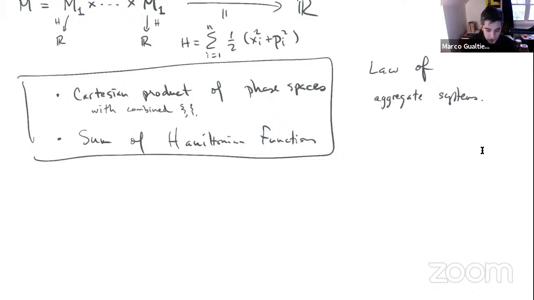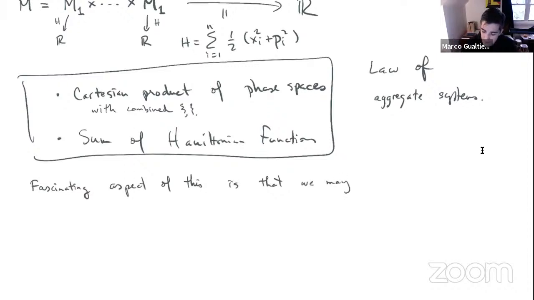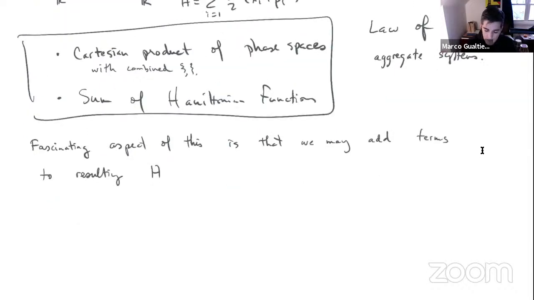So the fascinating aspect of this is that we can now add new terms to the Hamiltonian, to the resulting H. Let's say we had, for example, this 1/2 sum of xi plus pi squared.